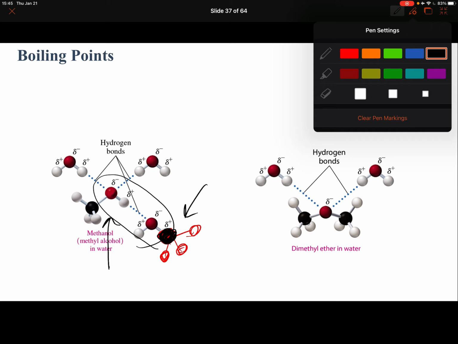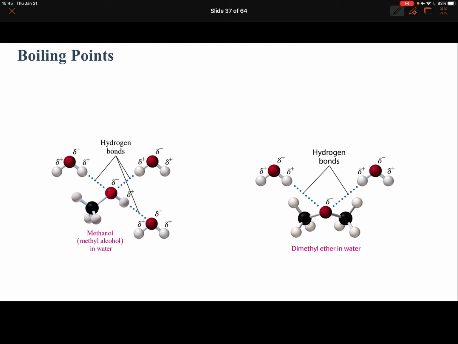The negative and positive attract. The positive and negative attract. So alcohols can stick to each other because of hydrogen bonding. Hydrogen bonding exists because, again, the H and the O in this bond, the electrons are going this direction and hovering around the O and not around the H. So that leaves these atoms charged.